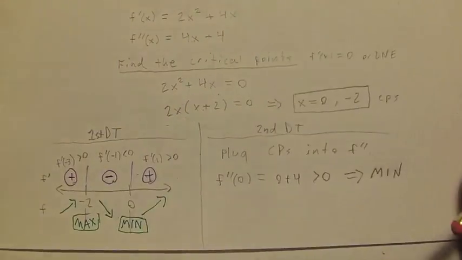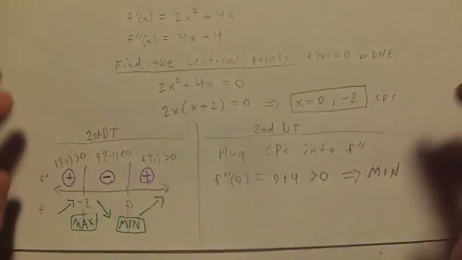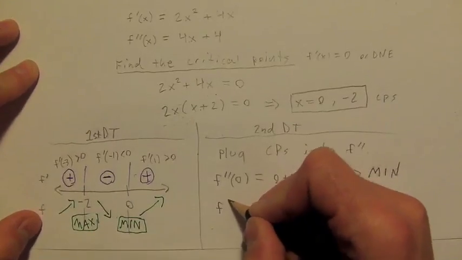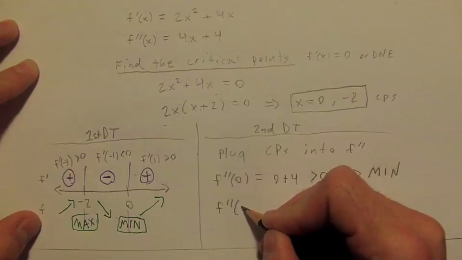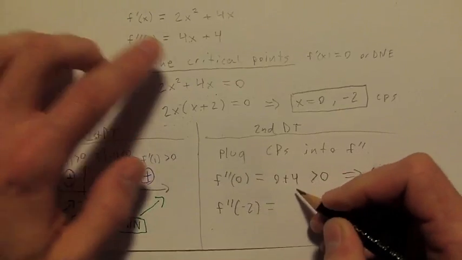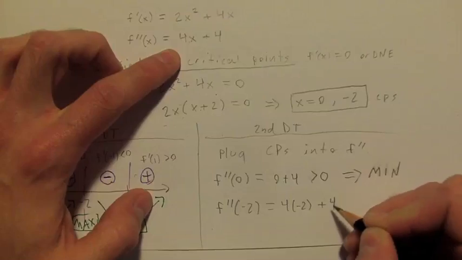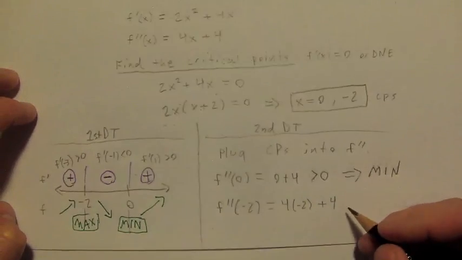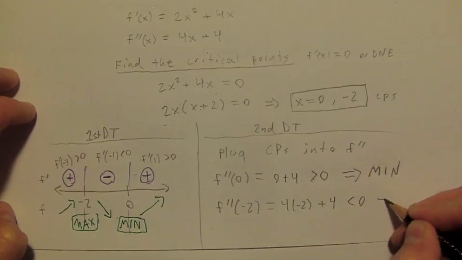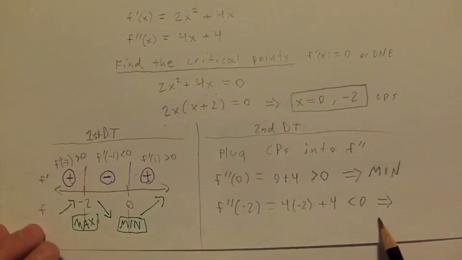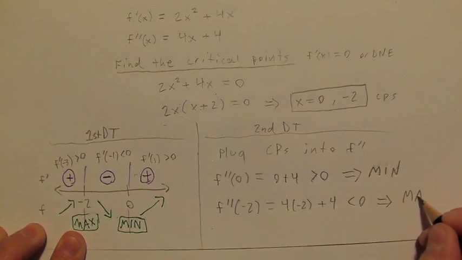Okay. And then I'm going to plug my next one in, -2, so that's going to be 4 times -2 plus 4, so this is going to be -8 plus 4, so that's actually negative, and getting a negative here gives me a max at -2.